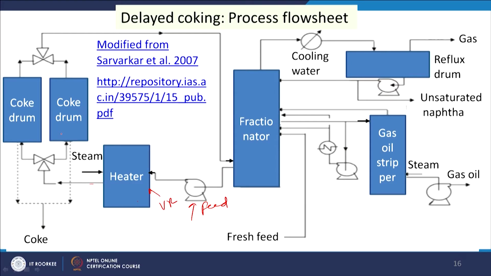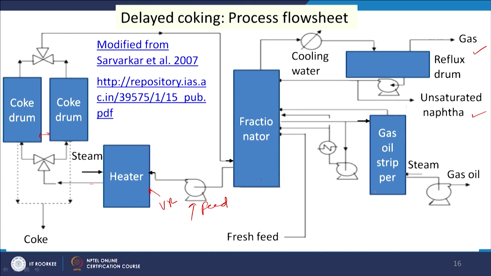Here there is high temperature and pressure is applied, and the coke stays here for a longer period, which is why it is called the coke drum. After heating the VR and steam, it goes to the coke drum, remains here under high pressure at high temperature, and then vapors go out and go for fractionation. After fractionation we get different products: gas, unsaturated naphtha, and some middle product also.